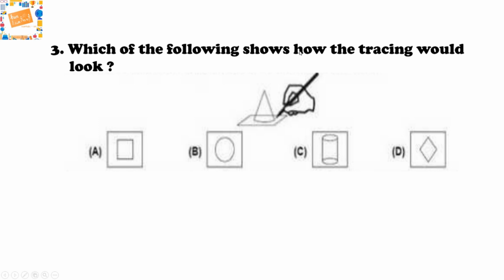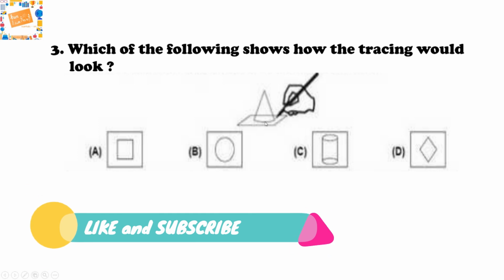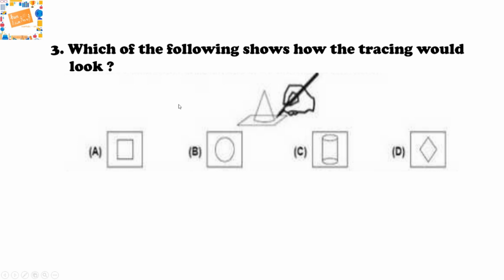Which of the following shows how the tracing would look? Here we have an image with a cone and a square underneath. Will the tracing look like option A, option B, option C or option D? Take your pick. I'll start the clock now.